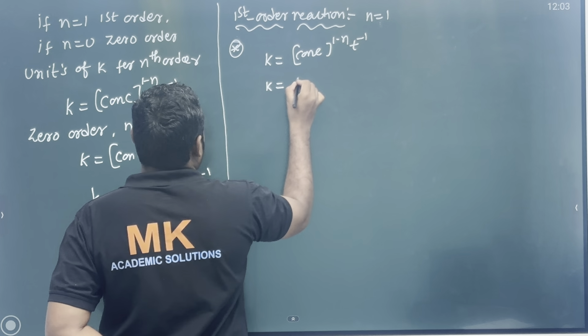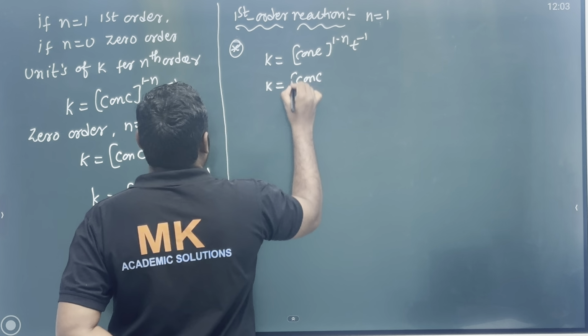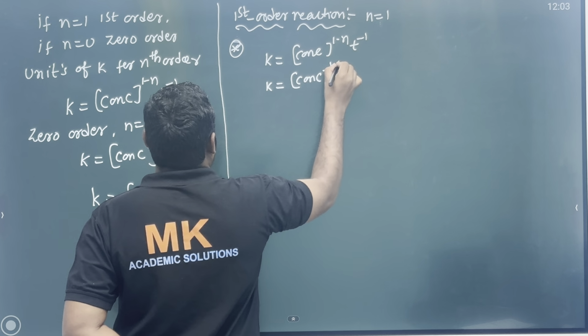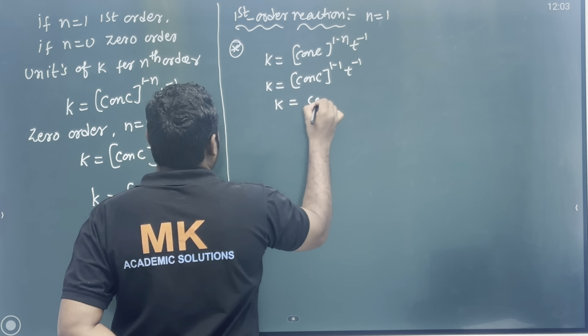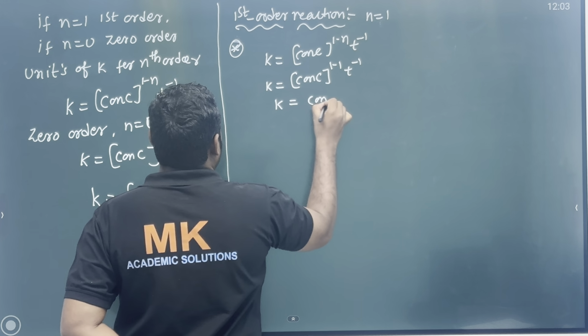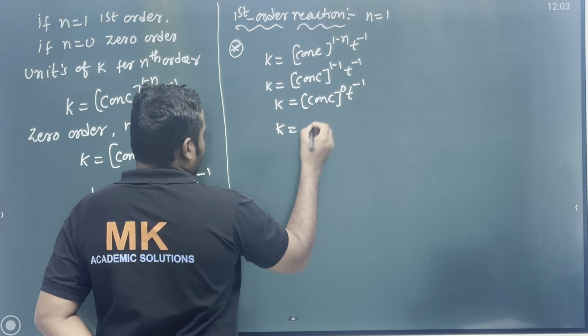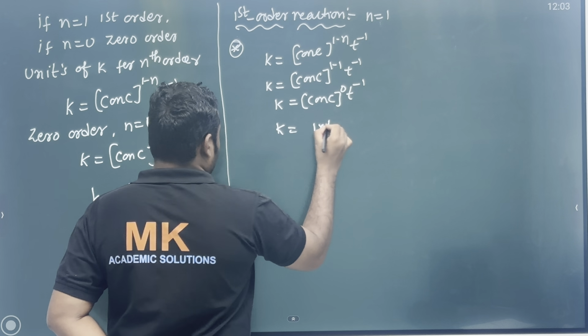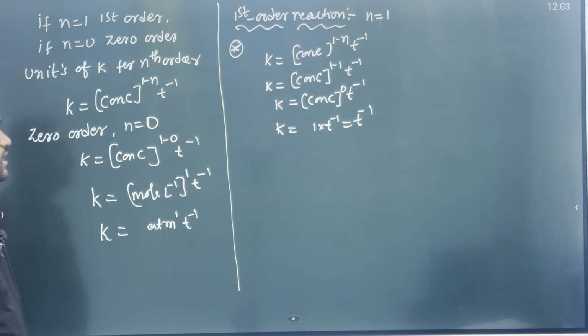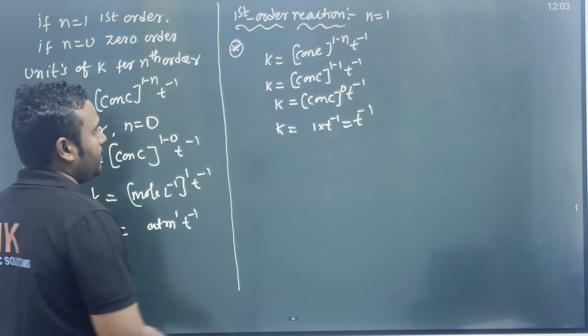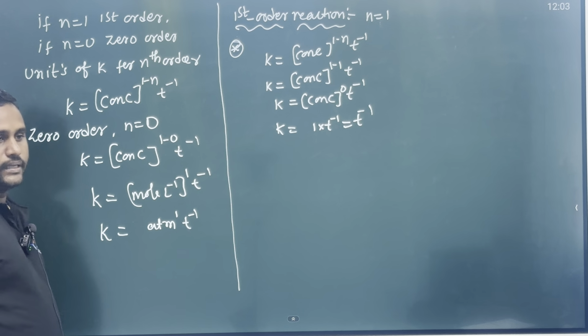Therefore K is equal to concentration to the power 1 minus 1, time inverse, which is concentration to the power 0, time inverse. Concentration power 0 means 1, so simply time inverse for the first order reaction.